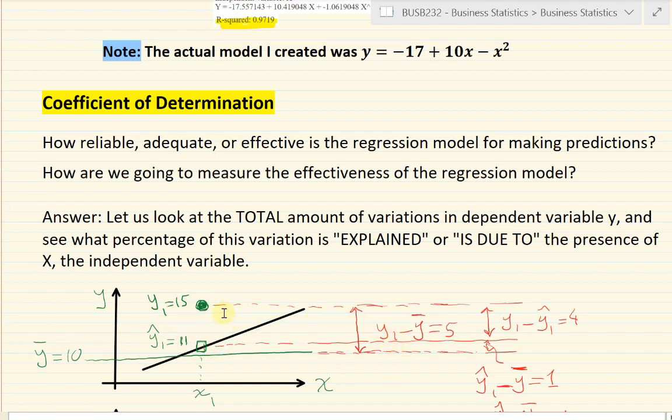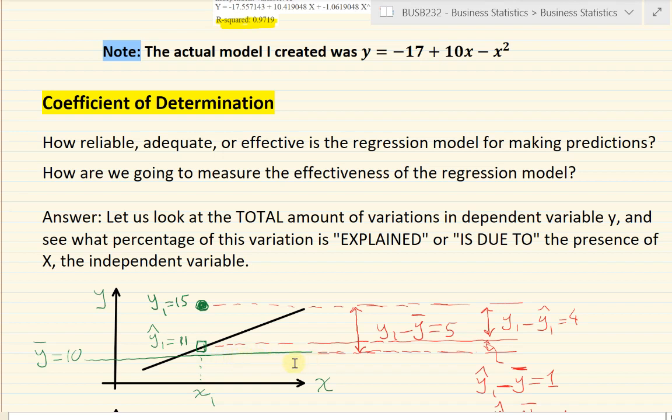We can break this down. The observed value minus the average is 5 units, from the solid circle to the average. From the square box, which is on the regression line, to the average is only 1 unit.